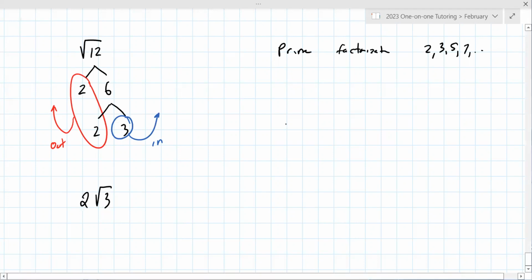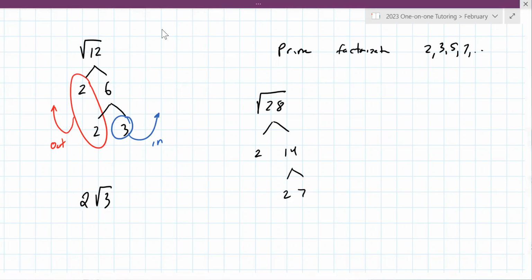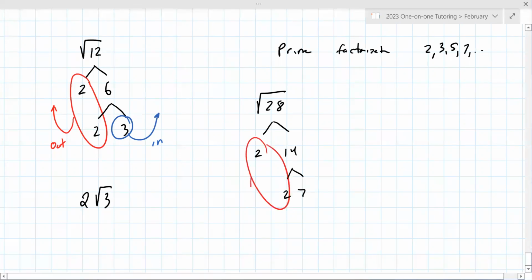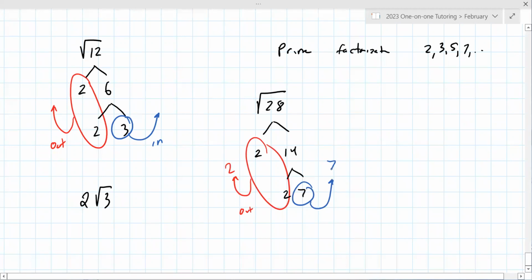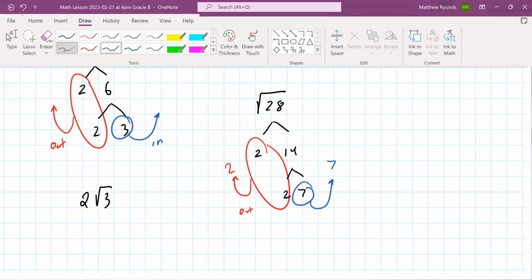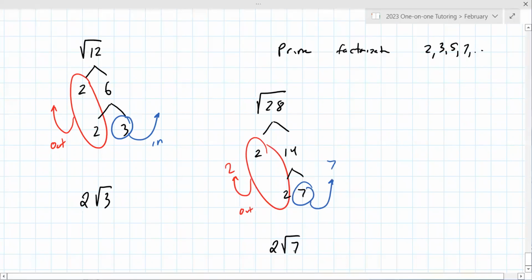All right, so now let's do like the square root of 28. 2 and 14, 2 and 7. Again, you bring a number out, which in this case is a 2. The 7 stays in, okay? And you end up getting 2 square root of 7.